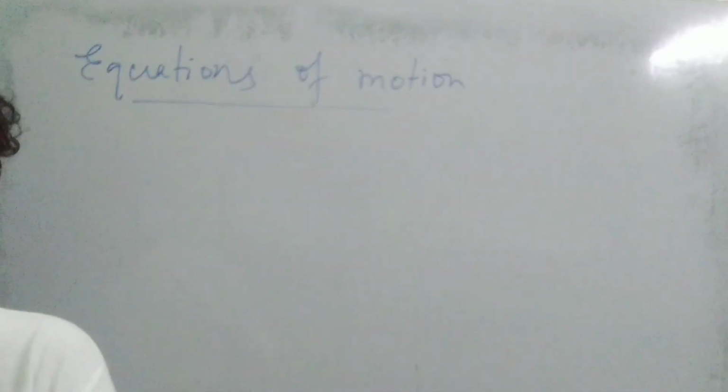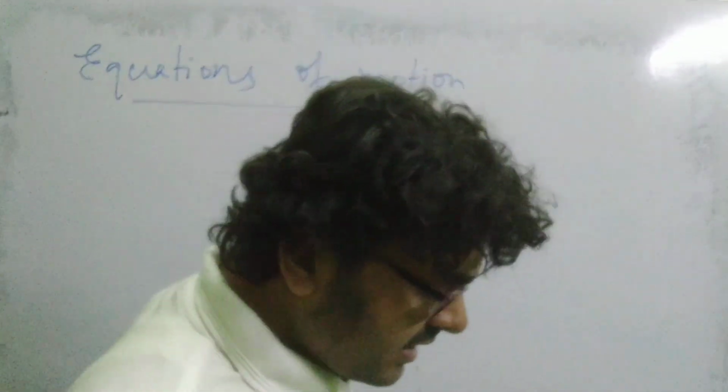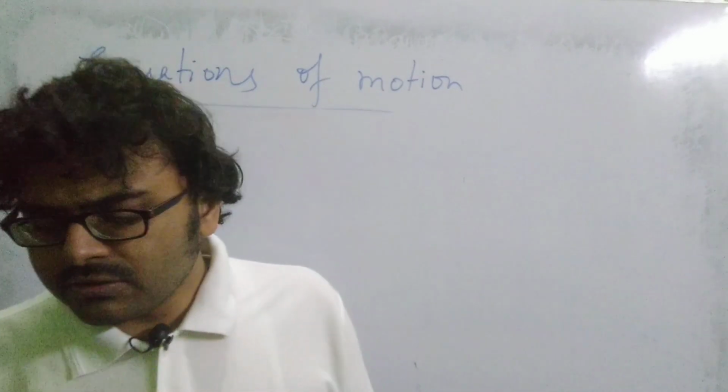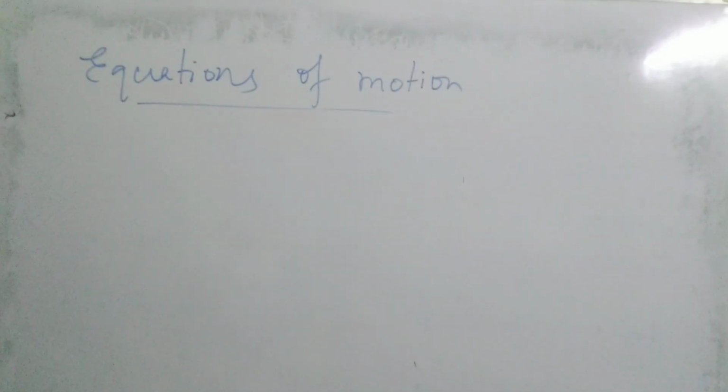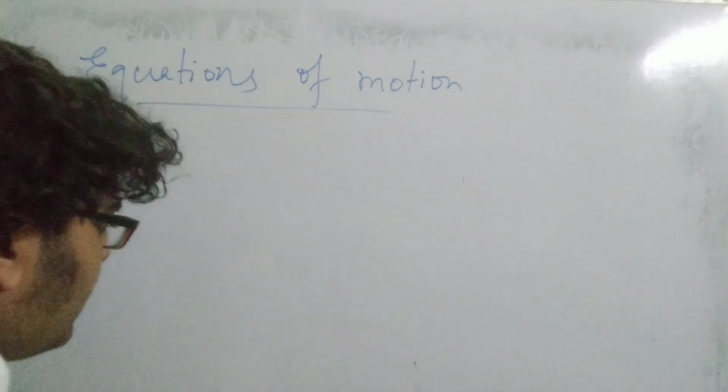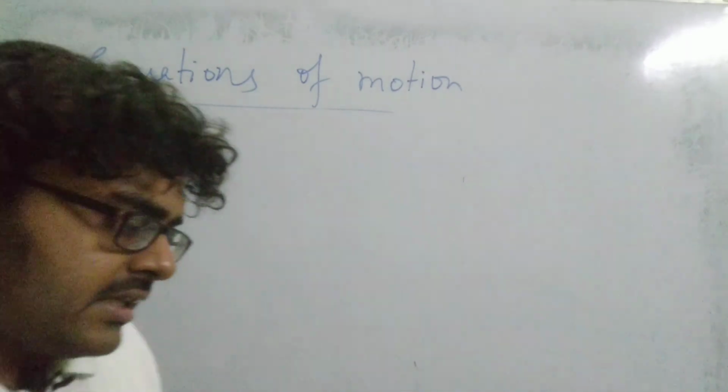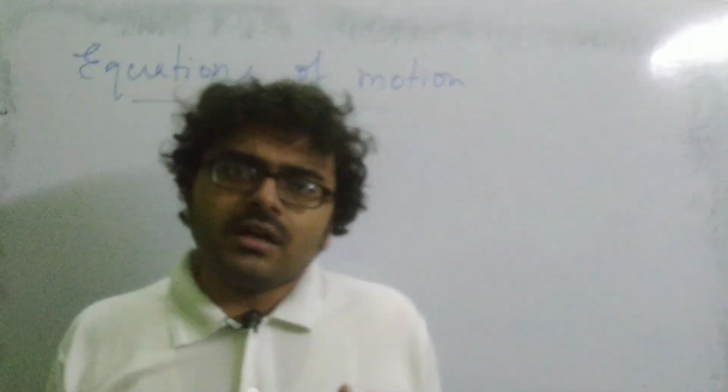Coming to the first equation, v = u + at, what does it mean? When you write this equation, it denotes that an object has an initial velocity of u.